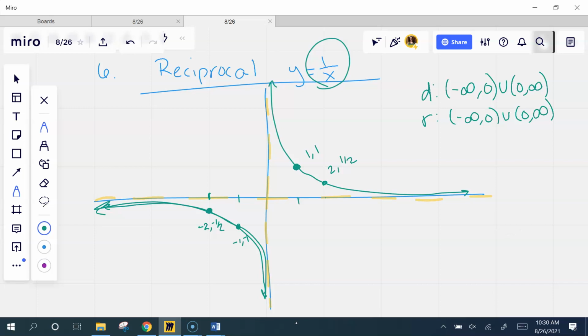I hear yes and no. No, it is not continuous. If it is not continuous, why and what type of discontinuity? It's an infinite discontinuity because of the asymptotes.